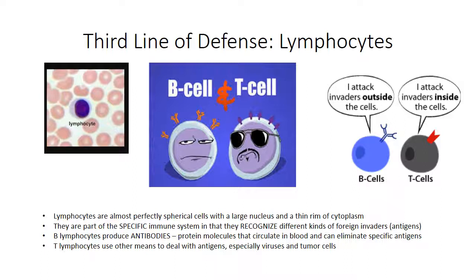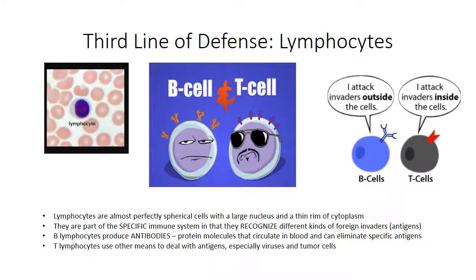Now, T cells do not produce antibodies. You see a T cell to the right, and it has a red colored thing on its surface. It's definitely distinct from antibodies on the surface of B cells.